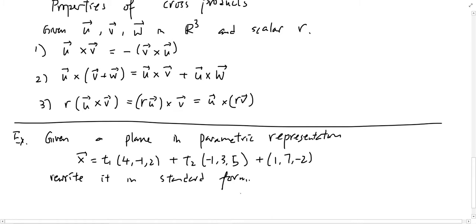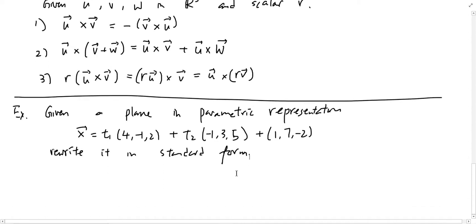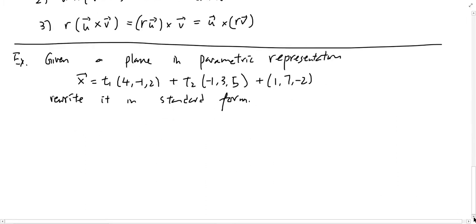Now we learned about the standard form of a plane in 1.5, and we know that we need a perpendicular vector to do that. The problem is that I always gave you the perpendicular vector, because you really didn't have another way to figure out what it is. But now with cross product, it's a little different. If I want to write this in standard form, I first need to identify the perpendicular vector.